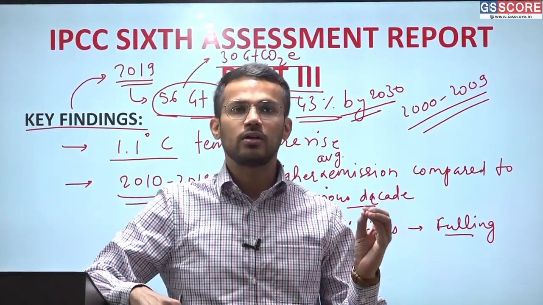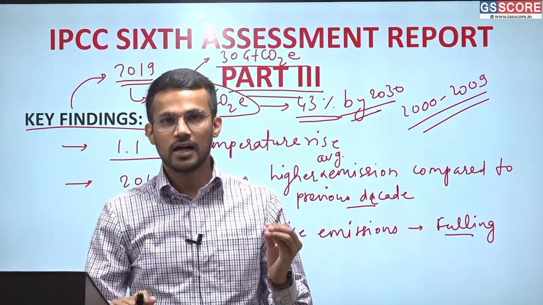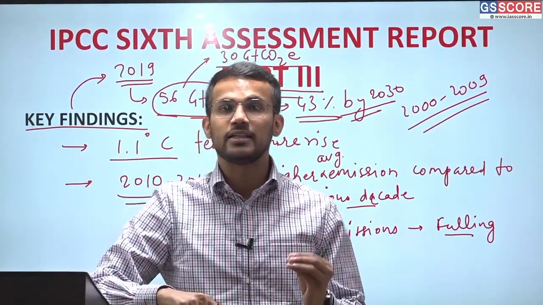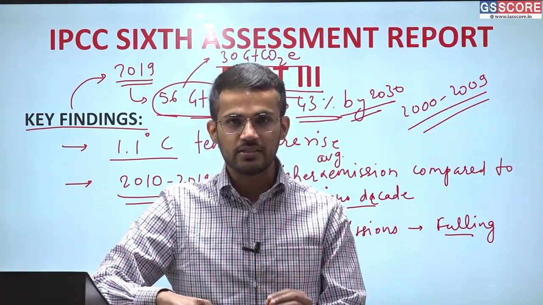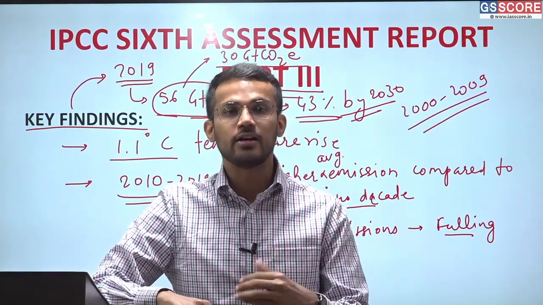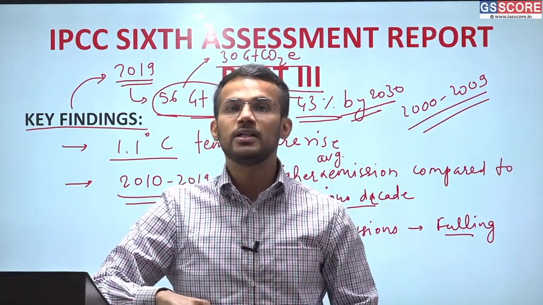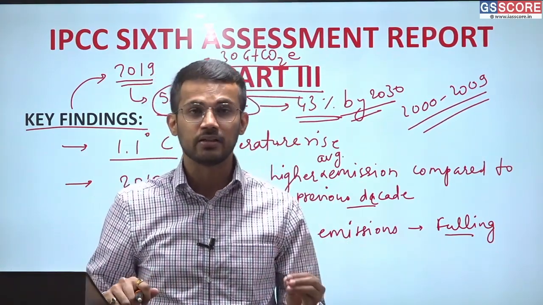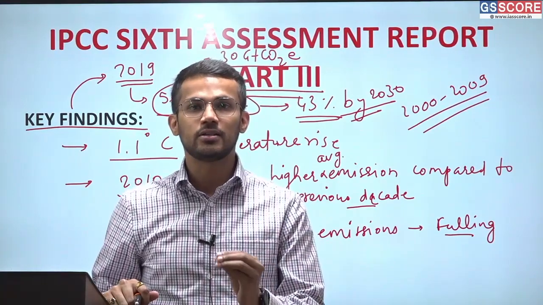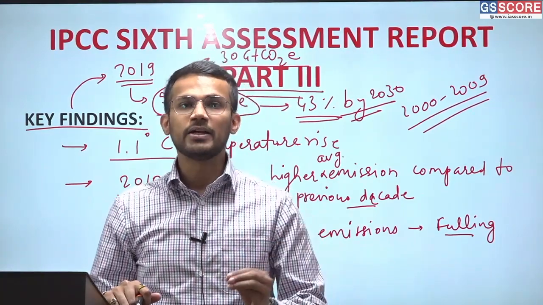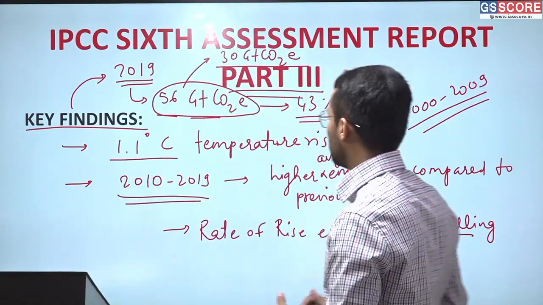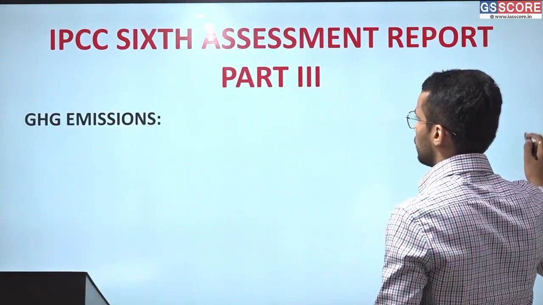They have not given the finances as per the commitments that they have given under UNFCCC of $100 billion. So that kind of commitment is not followed by developed countries, and that is also hampering adaptation and mitigation measures in developing countries, especially in least developed countries. So these are the key findings of this report.